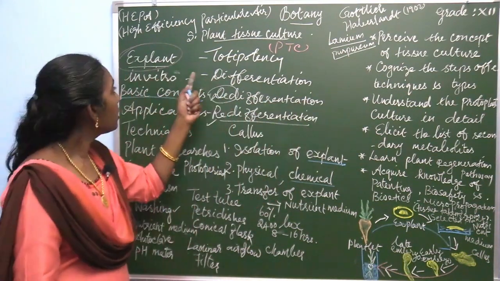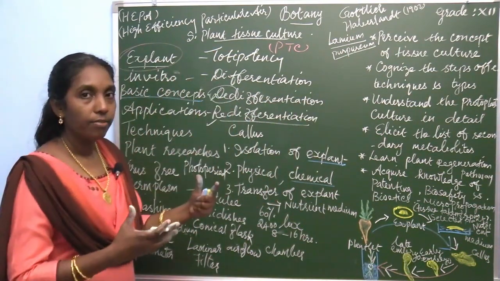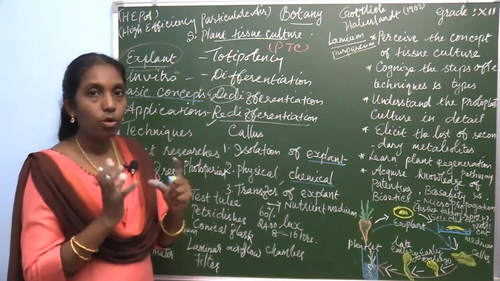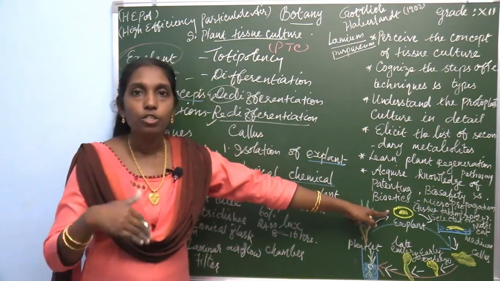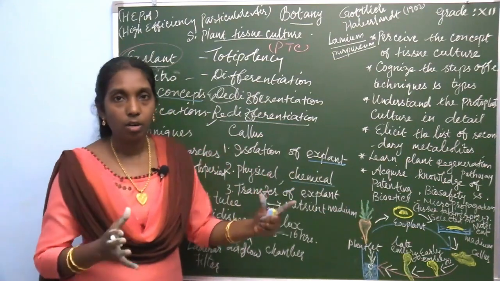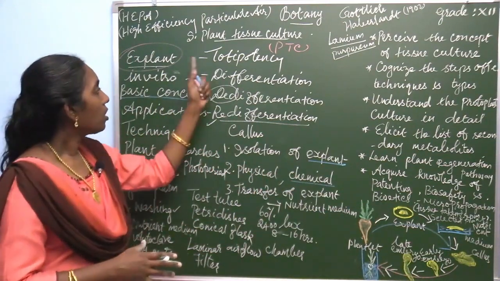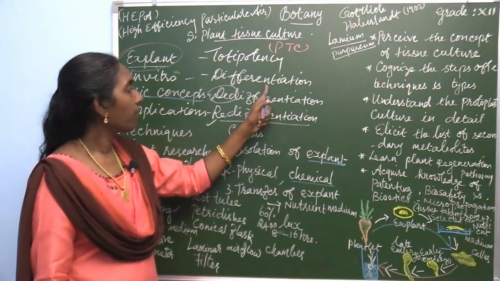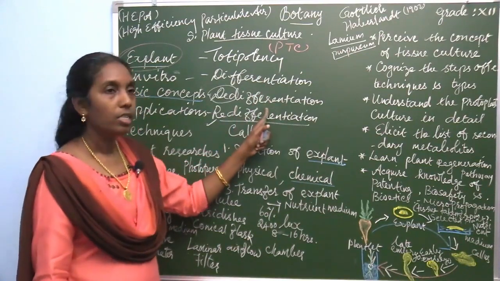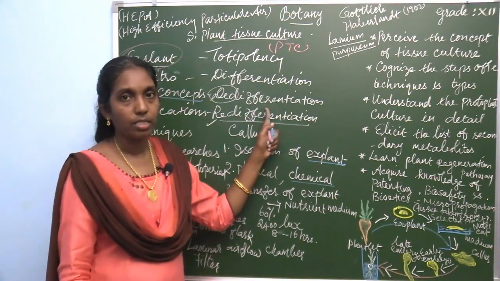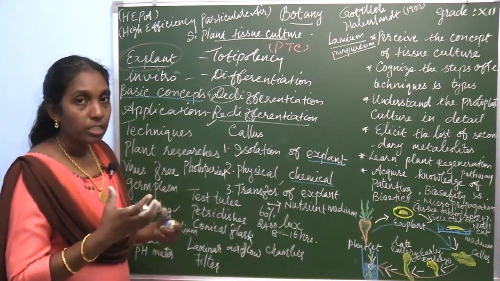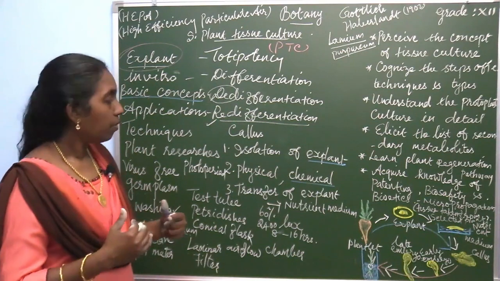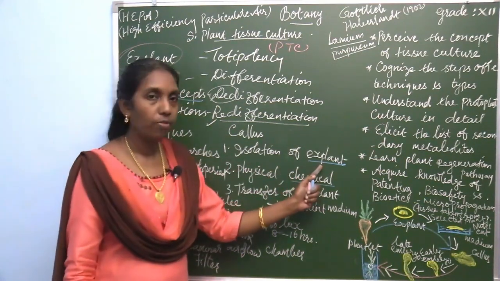And before that, the definition: totipotency, the potential of this explant to develop into the entire organism, and basic concepts including totipotency, differentiation, redifferentiation and dedifferentiation. Then the plant tissue culture principles, there are 3 different principles.